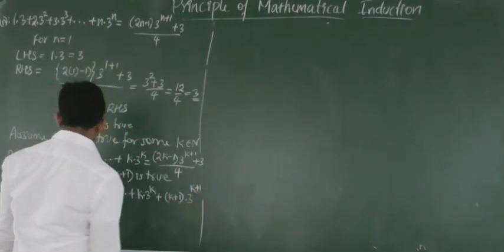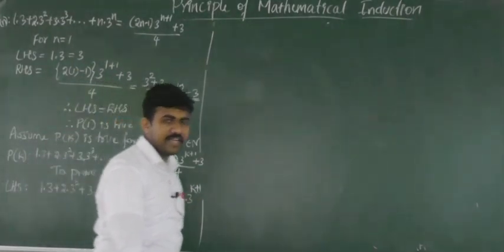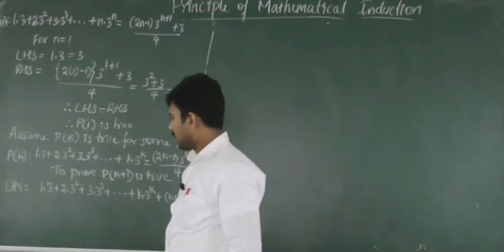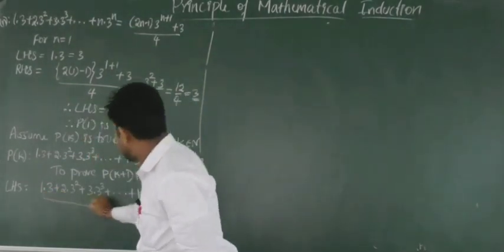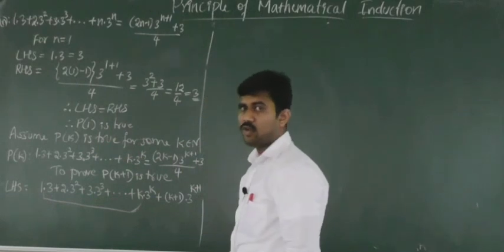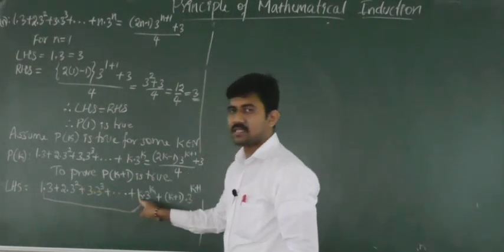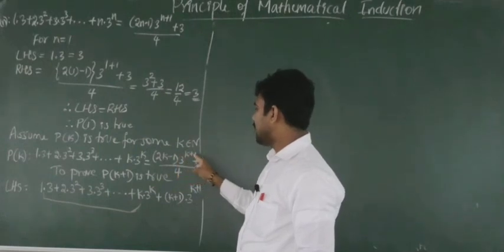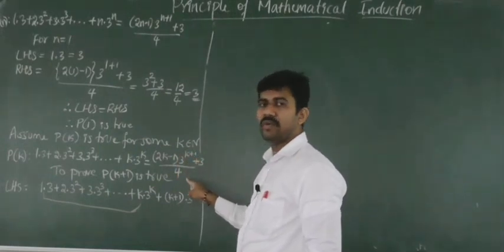Okay, now see, this is the left hand side of our statement when n is equal to k plus 1. Now from the first k terms, as we assumed, we know the value of these k terms is (2k minus 1) into 3 to the power (k plus 1) plus 3, whole divided by 4.